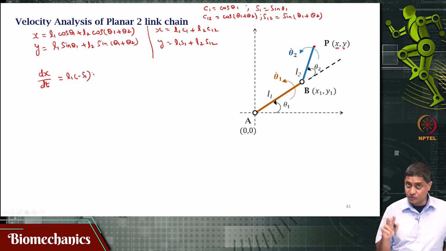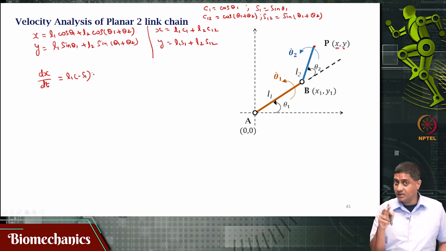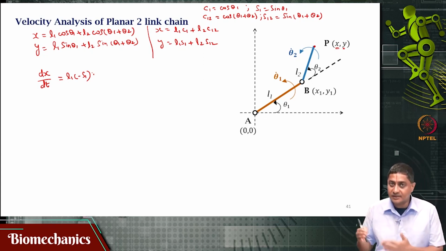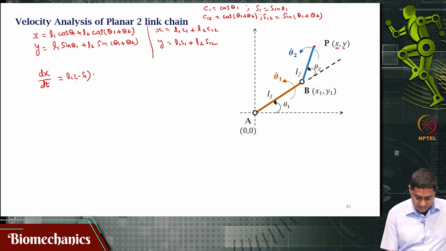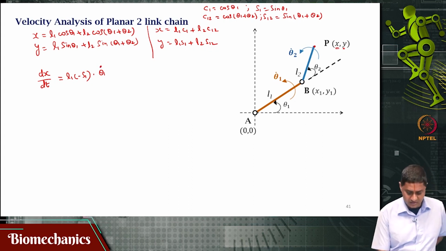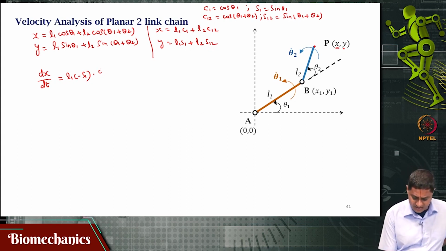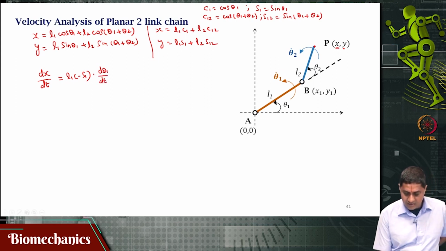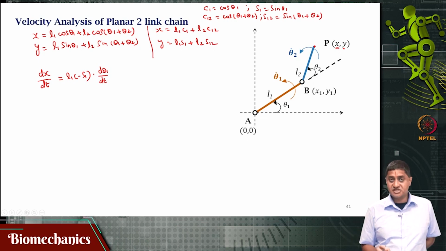Earlier there was only one theta; now we have theta 1 and theta 2. So, this is L1 times minus S1 times d theta 1 by dt, the differentiation of the first term.